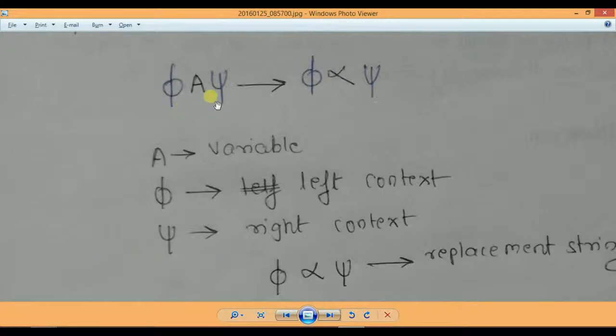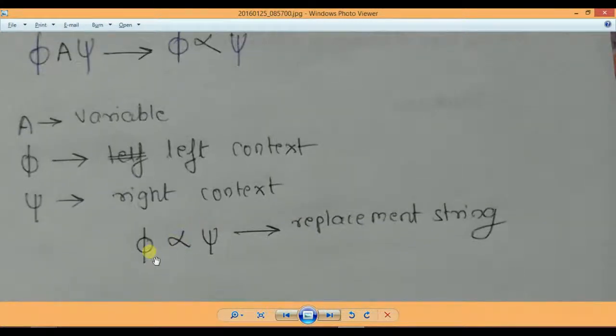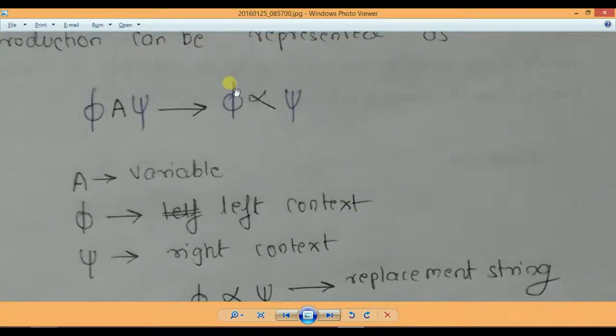Now, what is the meaning of these variables? A means a variable, phi means the left context, psi means the right context, and phi alpha psi means the replacement string. So this right hand side means replacement string.